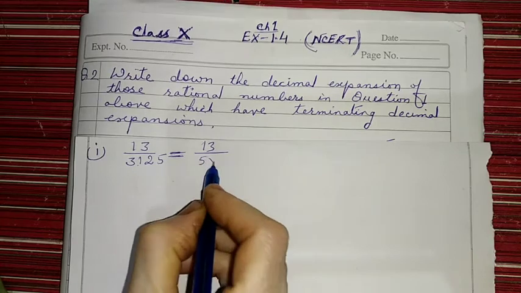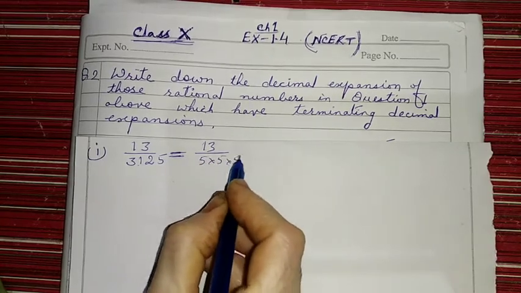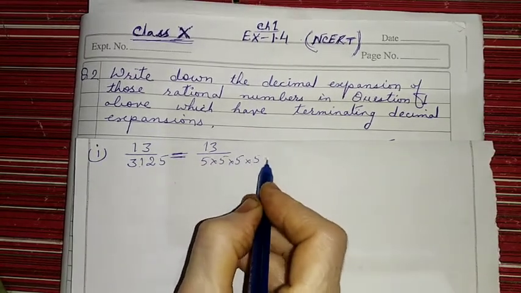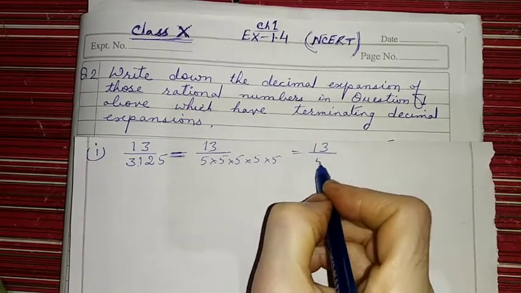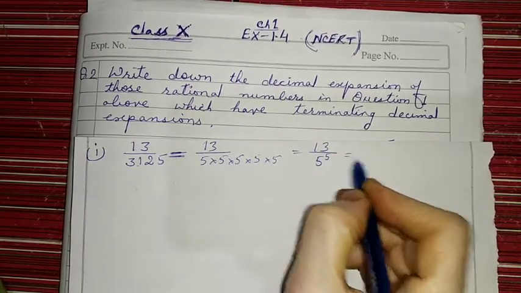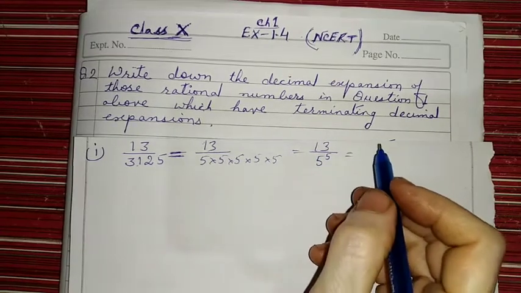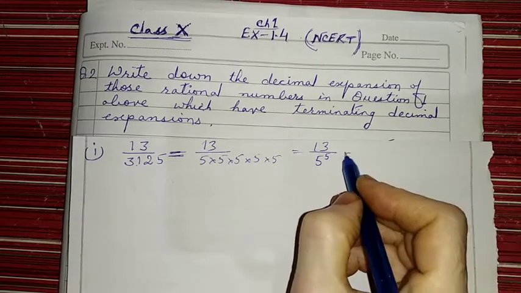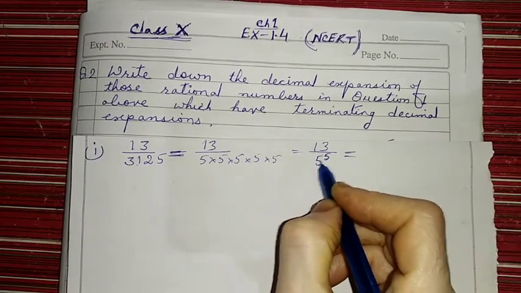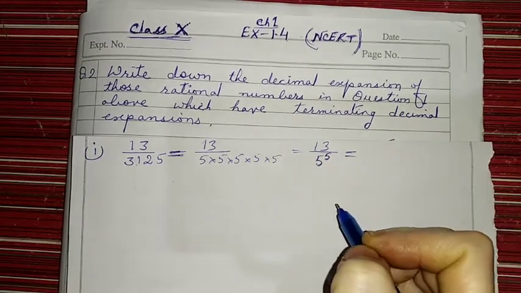That is 5 into 5 into 5 into 5 into 5. That means 13 divided by 5 to the power 5. Now how will you write it as a decimal expansion? We have to change the denominator into a multiple of 10.